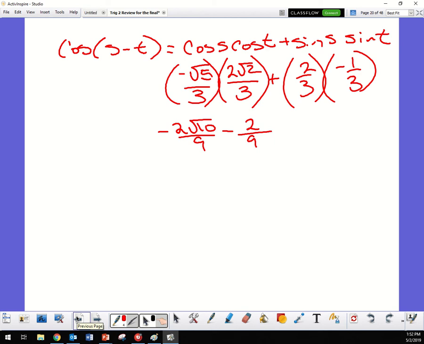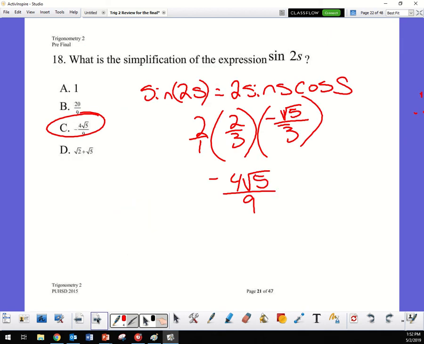When you get two rad numbers that are the same, it just equals the number on the inside, because rad 5 times rad 5 is rad 5 squared, or 5 times 5 is 25, and rad 25 is just 5. So my answer was C.